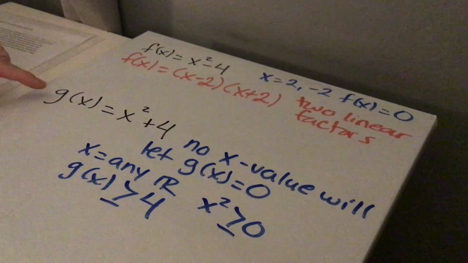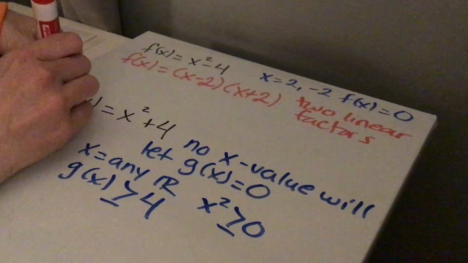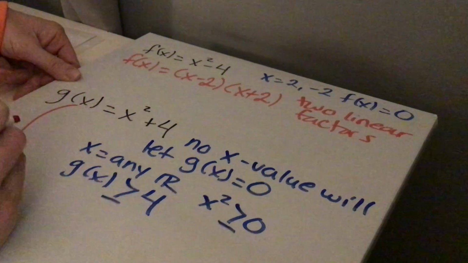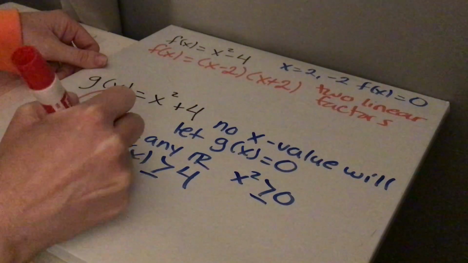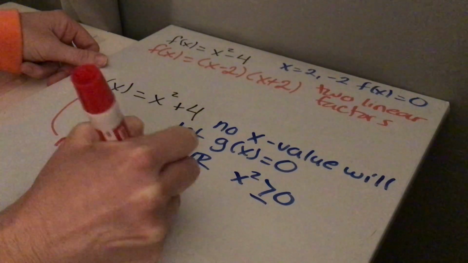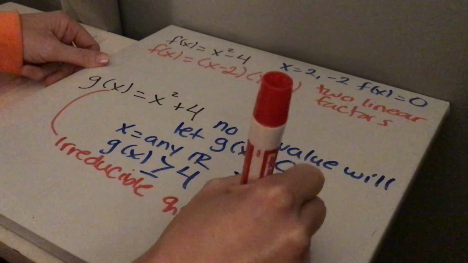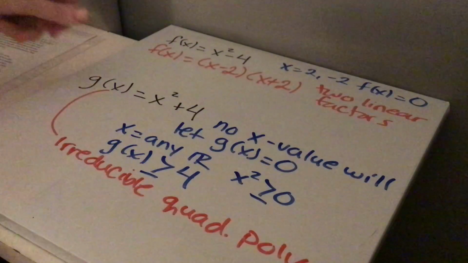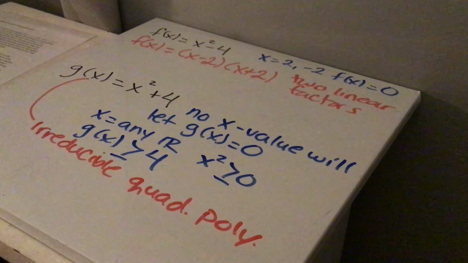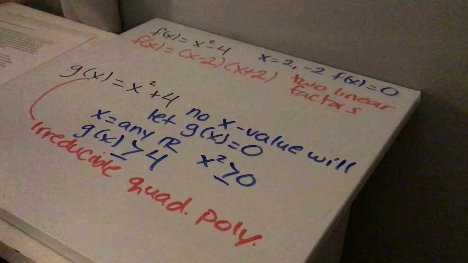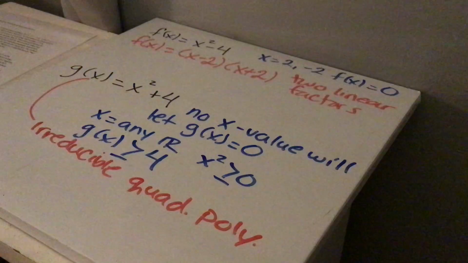So we remember that g of x is called an irreducible quadratic polynomial, because you can't factor it into a product of linear factors. F of x can be factored, so we don't say that for f of x.